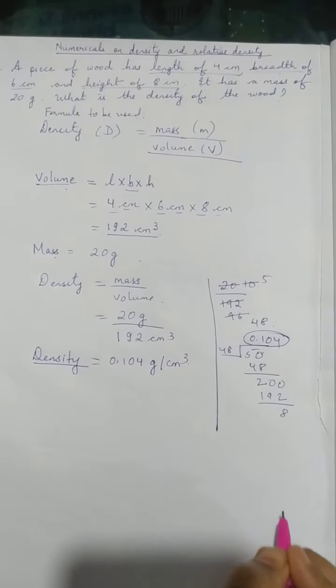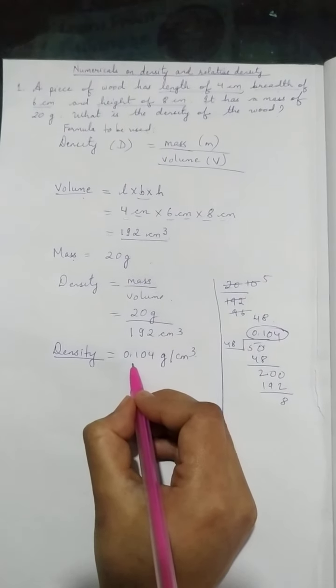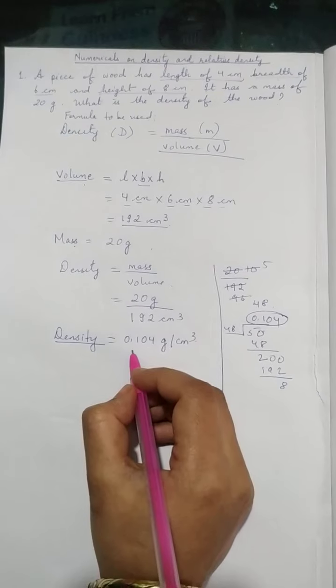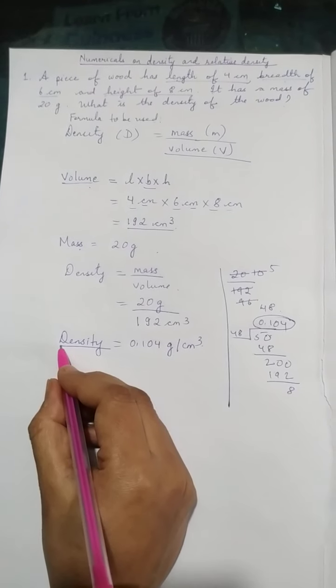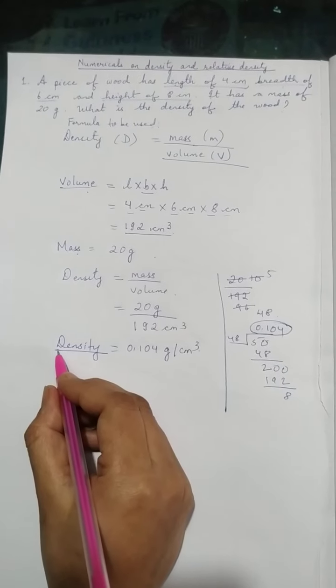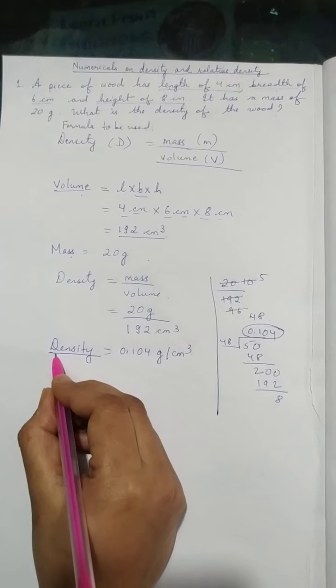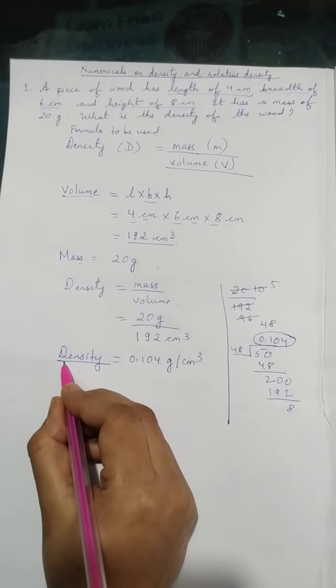Now the next question that you must have seen is, will this piece of wood float or sink in water? You know, the floating or sinking of a body solely depends on the density. If the density of the solid is less than that of the liquid, then it will float. If the density is more than the liquid, then it will sink.